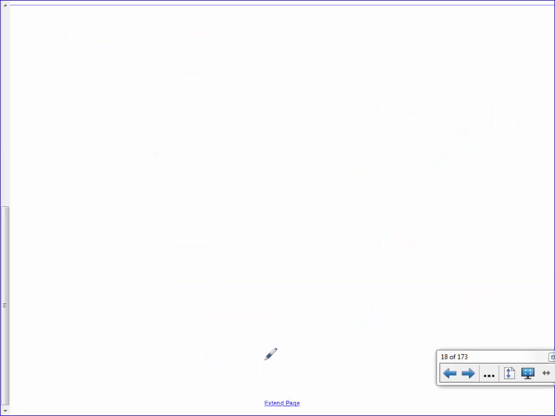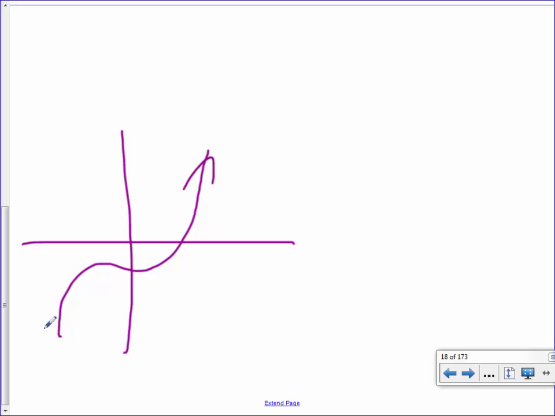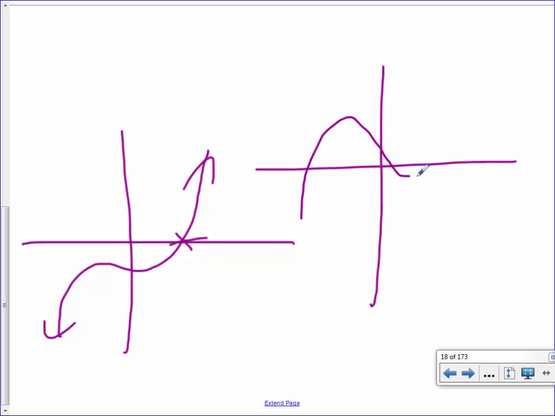And let me just show you some pictures of examples here. Here is a cubic graph with one x-intercept. That makes sense? But here could be a cubic graph with three x-intercepts. And it just kind of depends on how that little twist plays out.